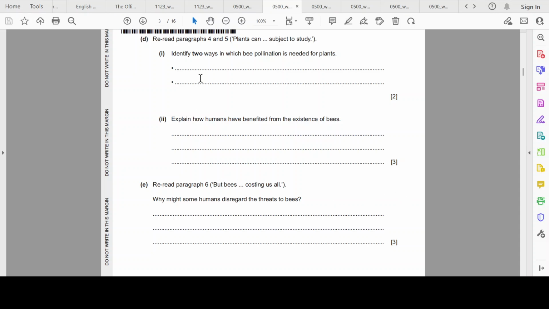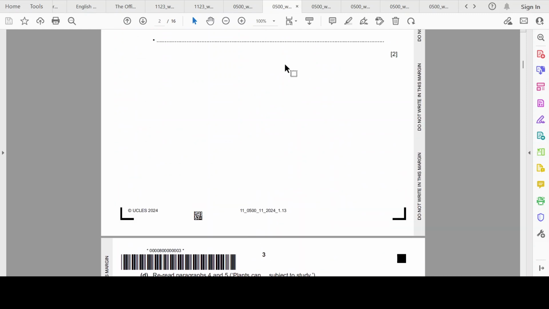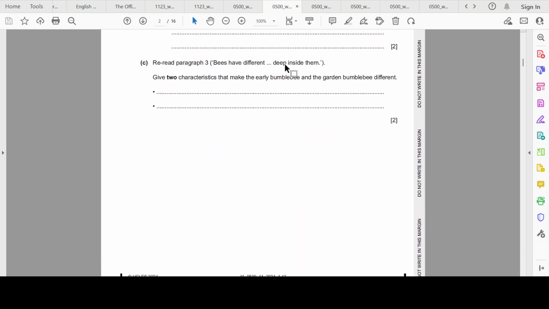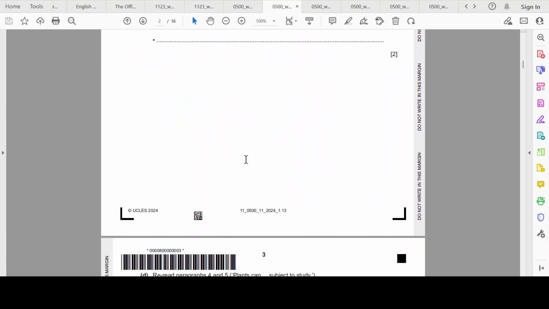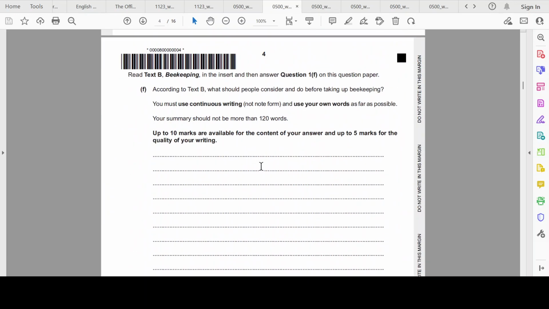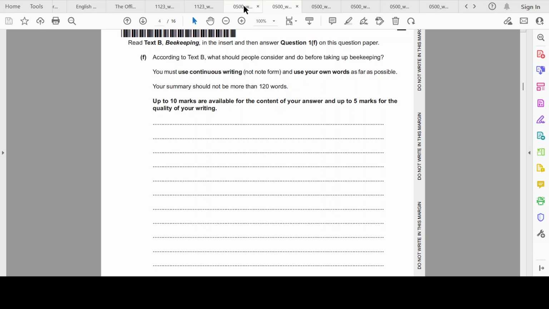Okay, so for your question 1 type questions from the 1123 paper, so reading text A and answering these will help for extra practice. Then from text B, you have a summary, right?